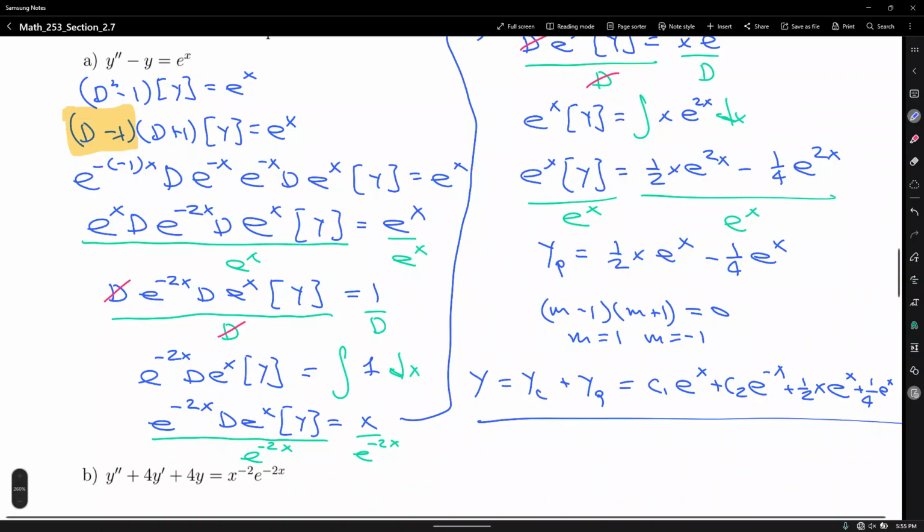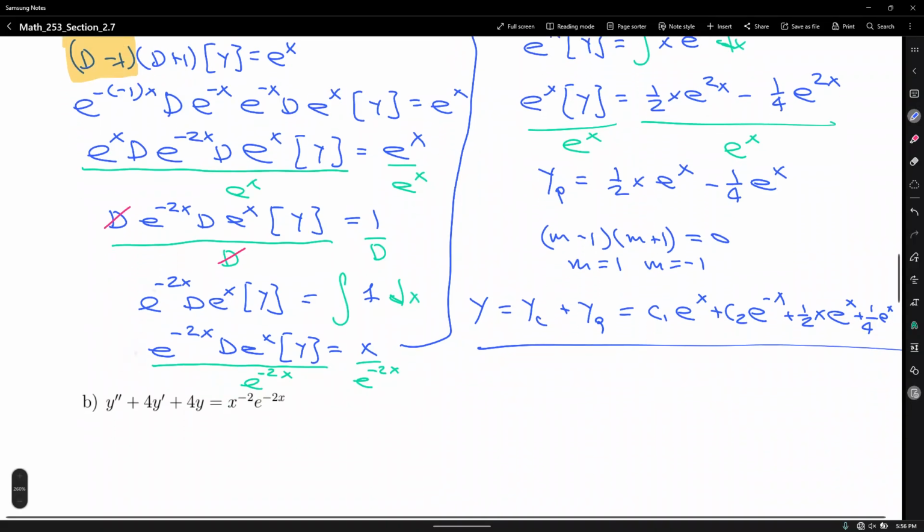Well, instead, we have a more stepwise road to get directly to that y sub p. If you want to try the same problem using undetermined coefficients, you should get exactly the same. All right. Let's have a look at another example.